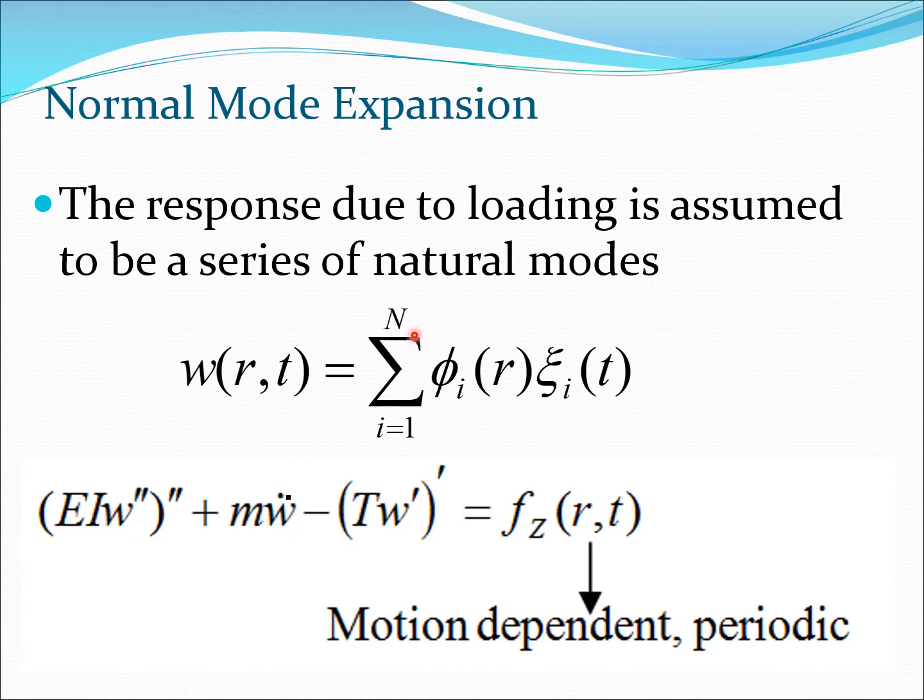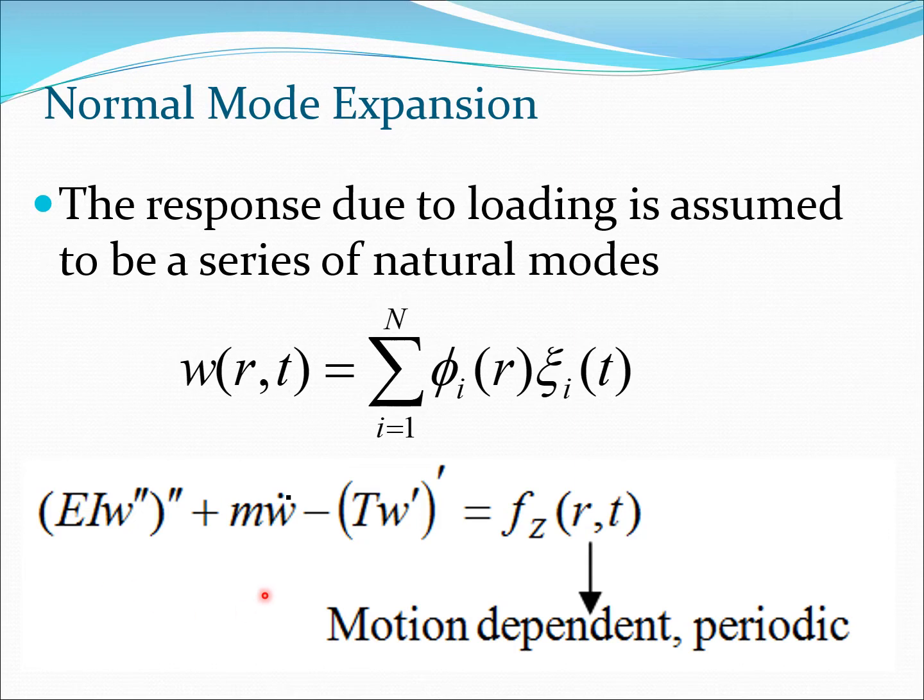So this is i is 1 to n. So these are the number of modes being used. So you may use the first few modes like 4 or first 10 modes or something like that. Typically, one of the advantages is that only a few modes are necessary to capture the overall dynamics of the structure.